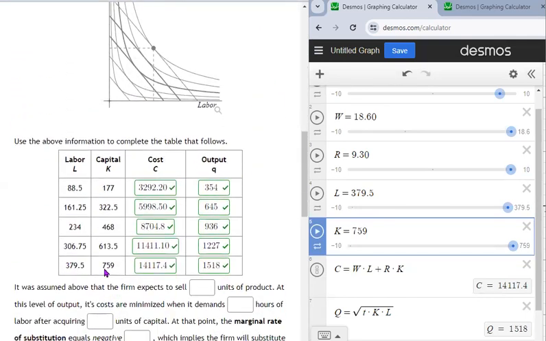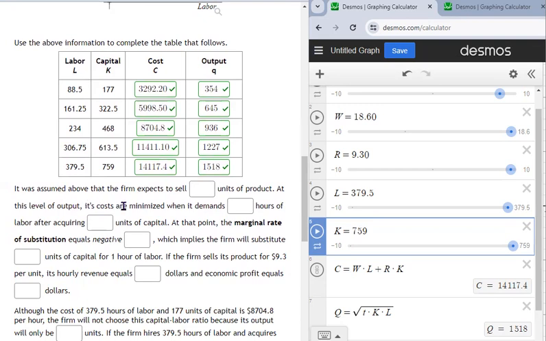And this capital labor results in an output of 1,518 units. So anywhere on this isoquant curve, the firm is producing 1,518 units. This line that is tangent to it at this dot represents the minimum cost to produce 1,518 units, right? And that minimum cost occurs when labor is 379.5 units and capital 759 units, okay?